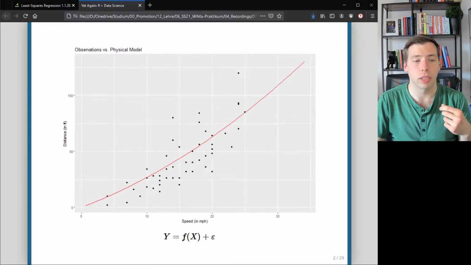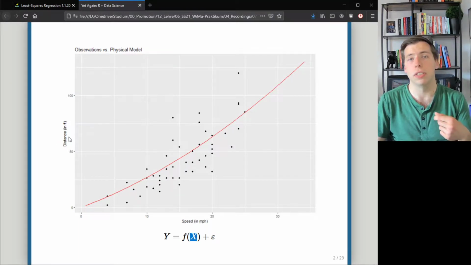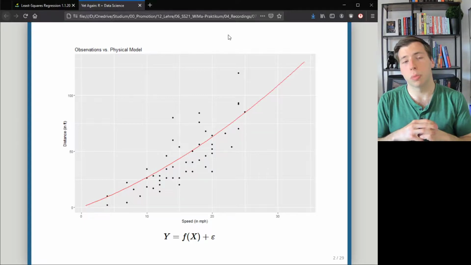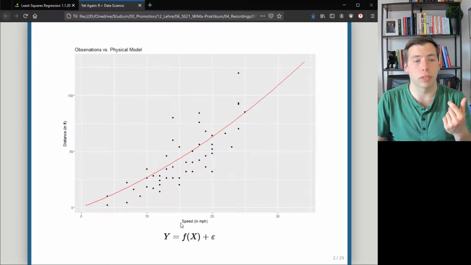In this case, you can think about f as the red line, x is the speed, and y, our variable of interest, is the distance in feet. In usual linear model terminology, speed is the predictor, and the distance is the response.